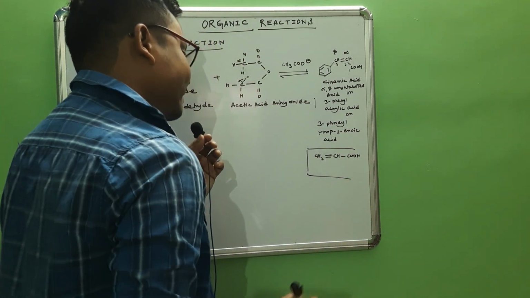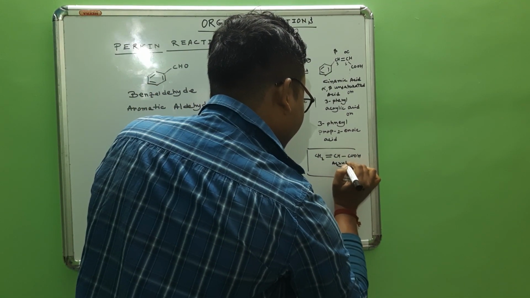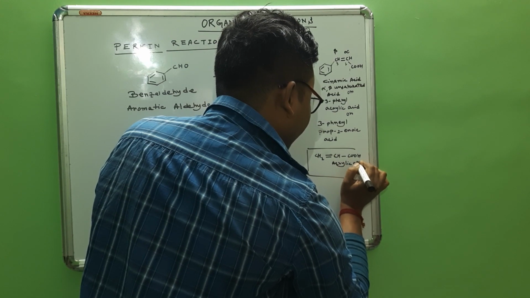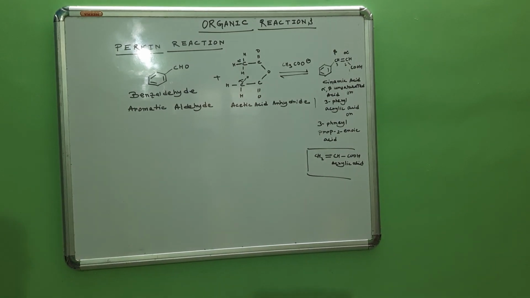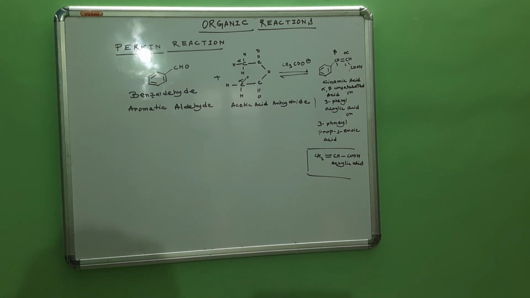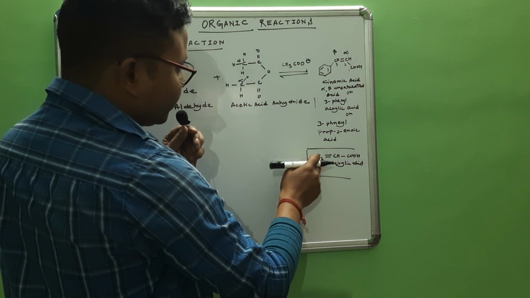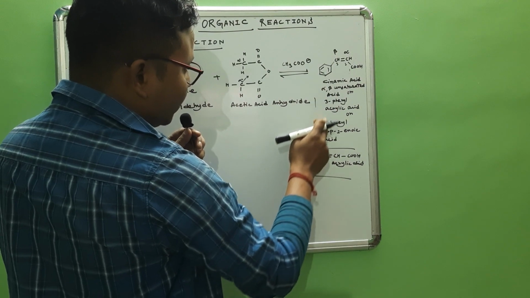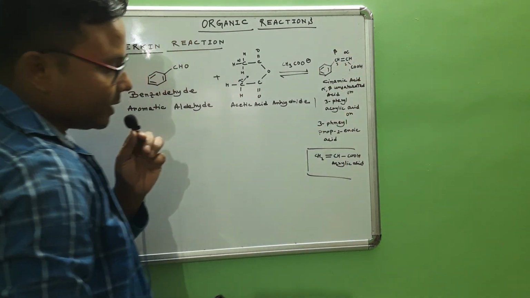This is the acrylic acid, and here one hydrogen atom is substituted with the phenyl ring. So this is called 3-phenyl acrylic acid, or beta-phenyl acrylic acid.